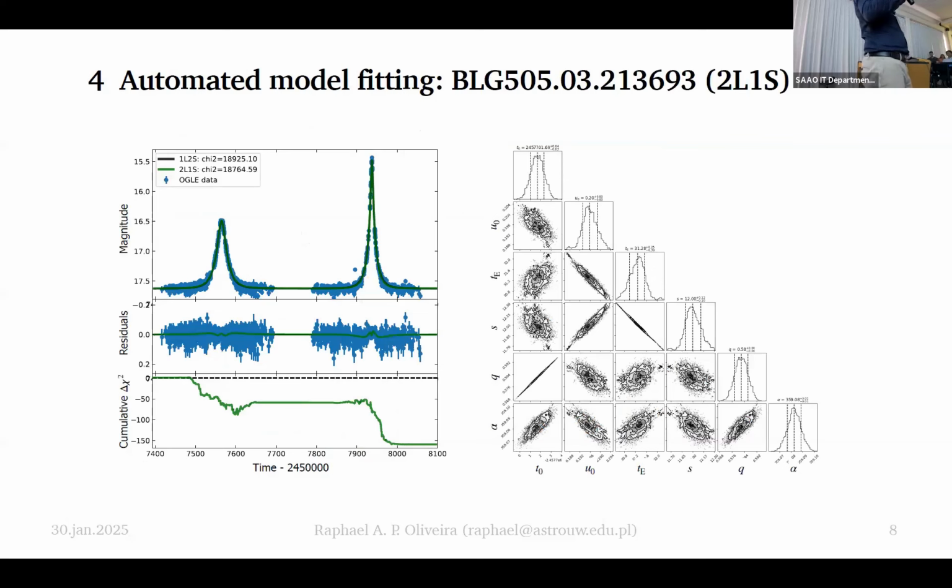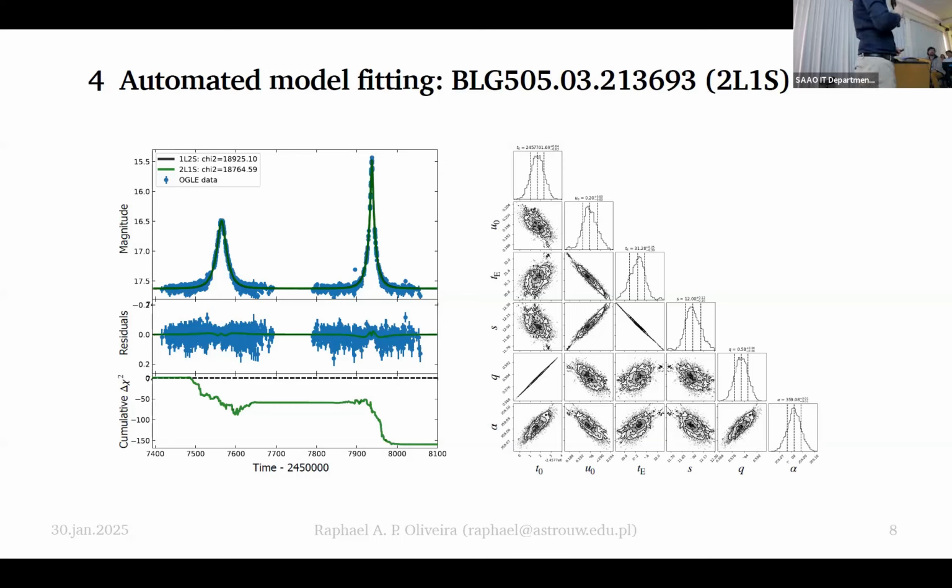So in this example, the binary lens fitting was more favored. We can see here the chi-square difference of 150 more or less. The cumulative distribution shows where this chi-square differs more, close to the bumps.